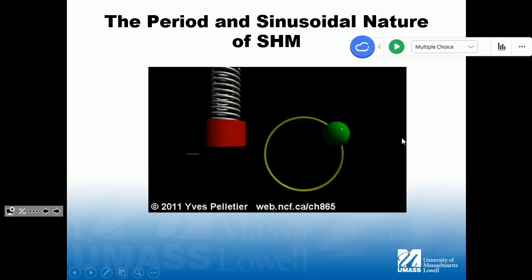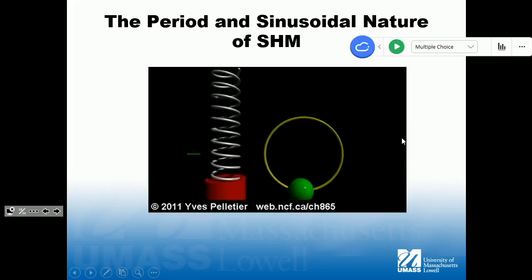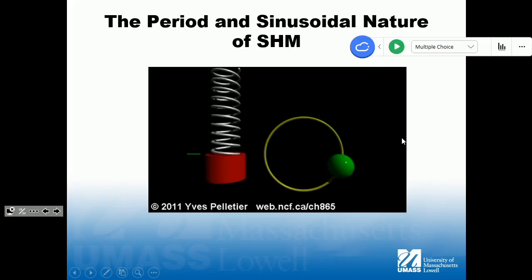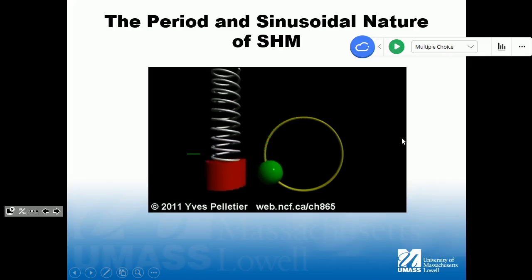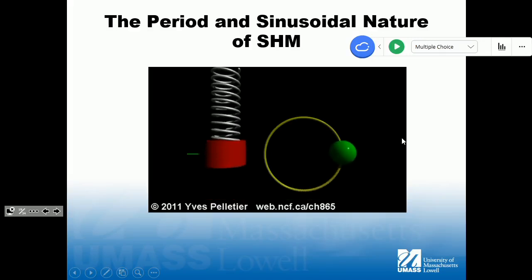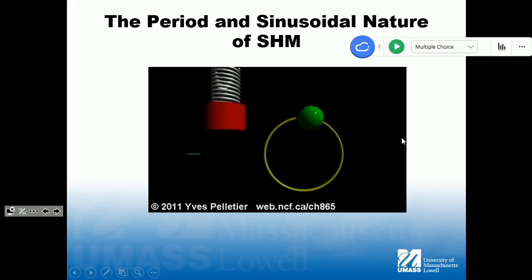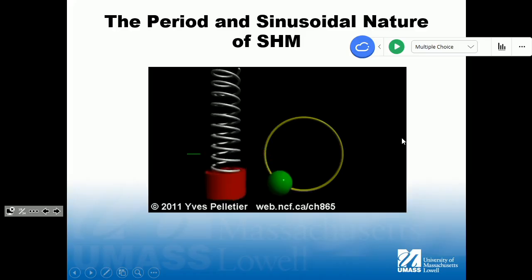The other way I can think about it is in terms of angular speeds. Omega, remember that? Omega is the rate at which the angle changes. It's the angular speed of an object. The object on the right has some fixed omega, moving at a constant angular speed.